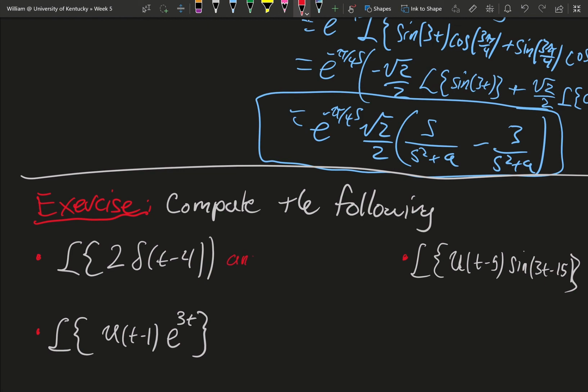So for this first one, pretty straightforward. It's just going to be 2e to the negative 4s.